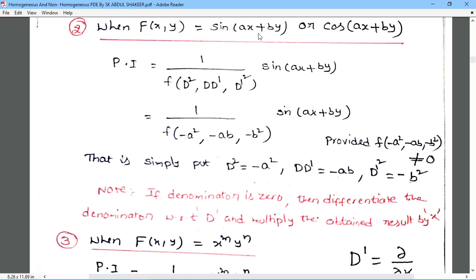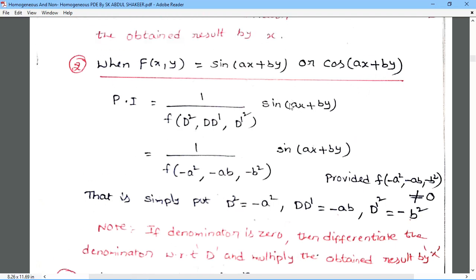Suppose sin of x plus 2y is there, then small a is 1, b is 2. Suppose cos of 2x plus 3y is there, then a is 2 and b is 3. We just have to compare the given trigonometric expression with sin of ax plus by or cos of ax plus by, so that we can define small a and small b.